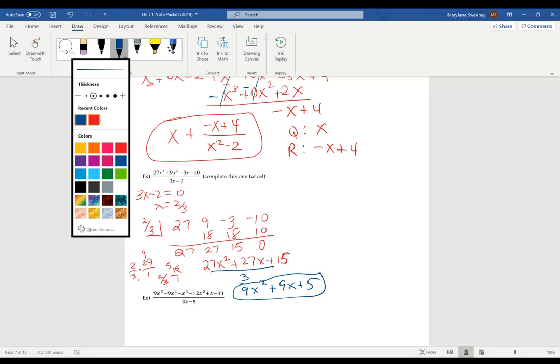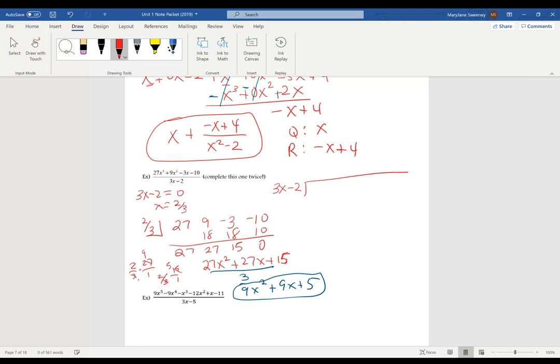Now, to kind of prove that to you, if we did long division, I can kind of show. So that's why it says complete this one twice. We're going to do long division.